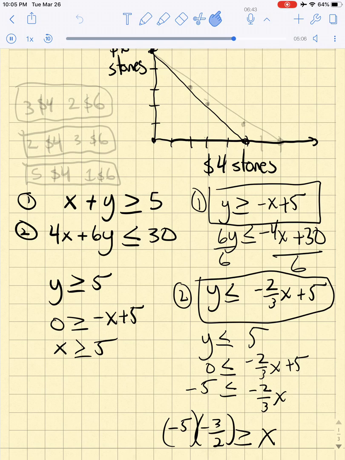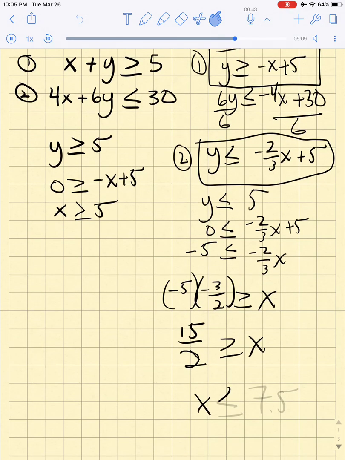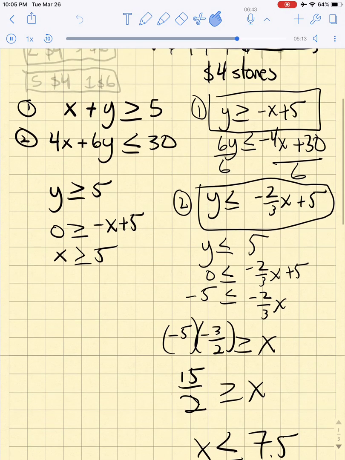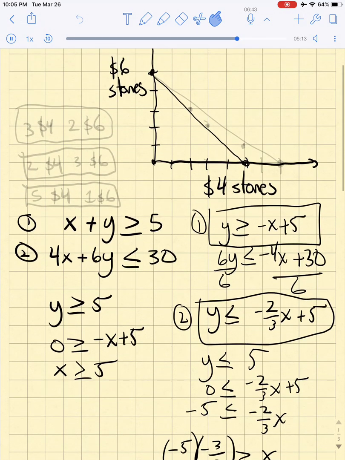So then x must be less than or equal to 7.5. So that would be 1, 2, 3, 4, 5, 6, 7. So then that'll be there. And then I have another linear. So the solution lies here.